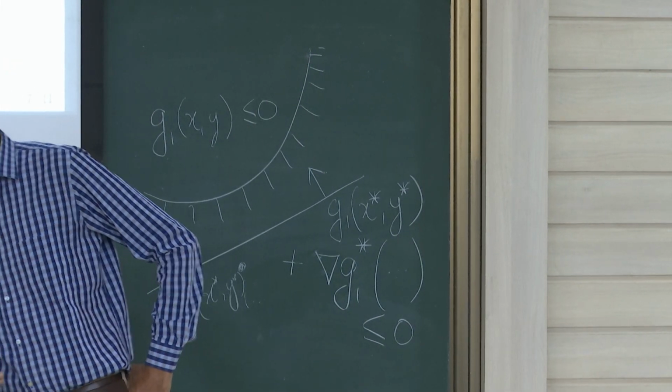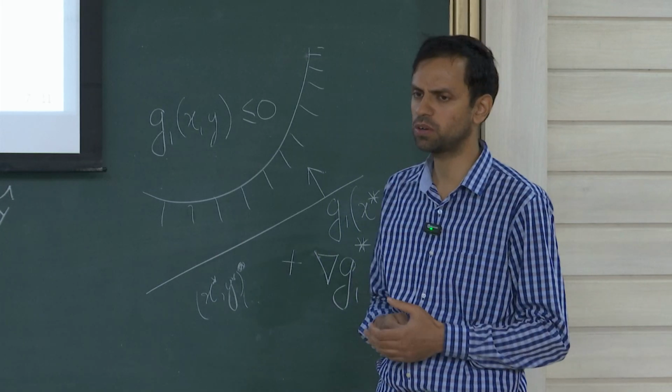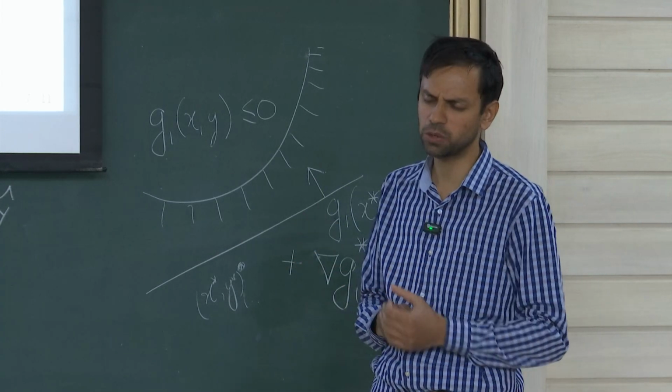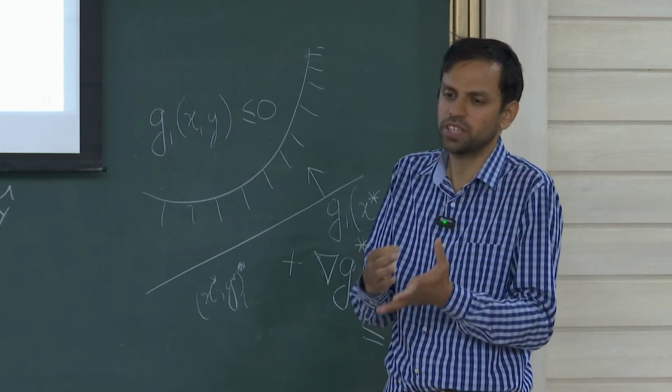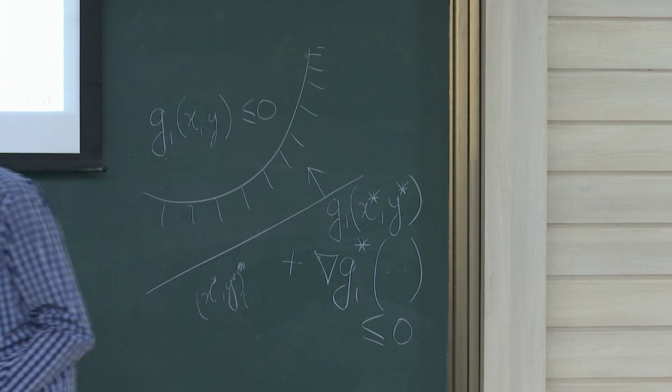This method doesn't involve solving any nonlinear optimization problems. We just solve MILO, then evaluate those constraints and add those gradient-based inequalities. All you need is a solver for MILOs and the ability to evaluate gradients, which is easy.